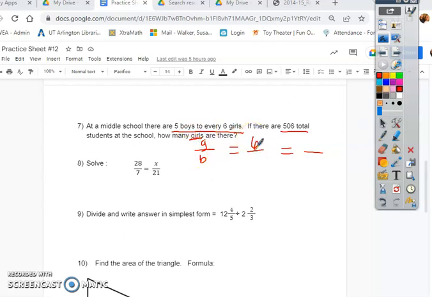Girls are 6. Okay? Now, the problem is if I put 506, that's a total. Okay? So that means I can't put B. I have to put the total. Okay? Well, the total of our ratio would be 5 plus 6, which is 11.